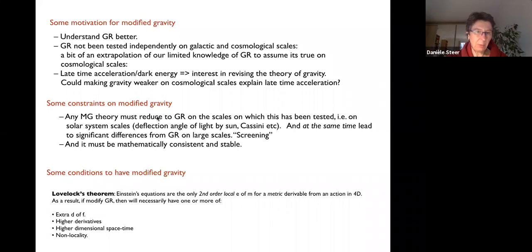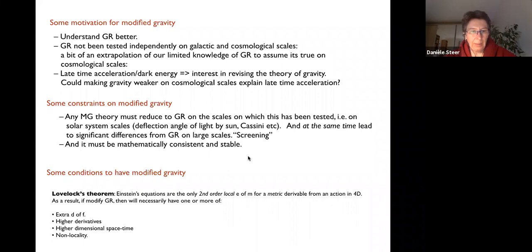If you want to reproduce general relativity on small scales, often that means that you have negligible differences from general relativity also on large scales, in which case you're a bit stuffed because it doesn't solve this problem in any way. And of course, there's another constraint which is critical, which is that your theory has to be mathematically consistent and stable. And that's not easy to do because you often have these ghost-like instabilities, as I'm sure you heard about in the other lectures.